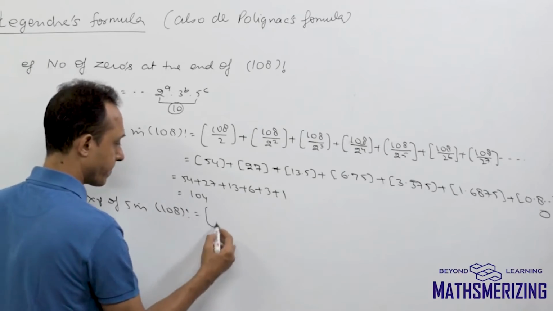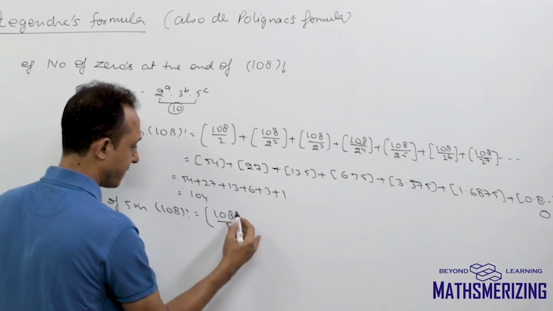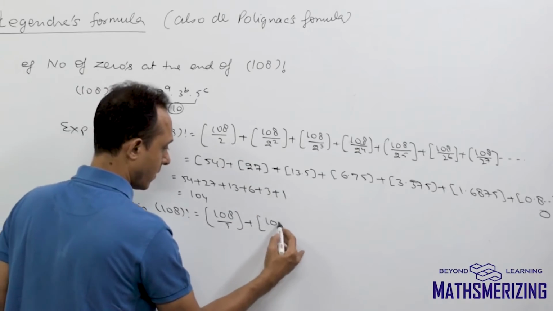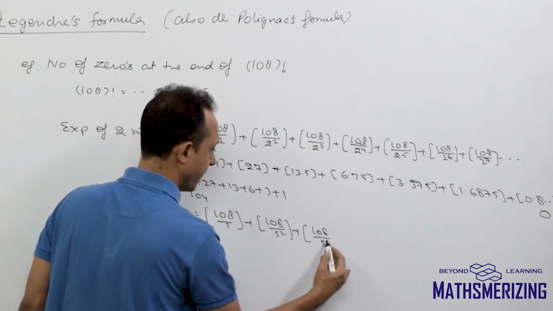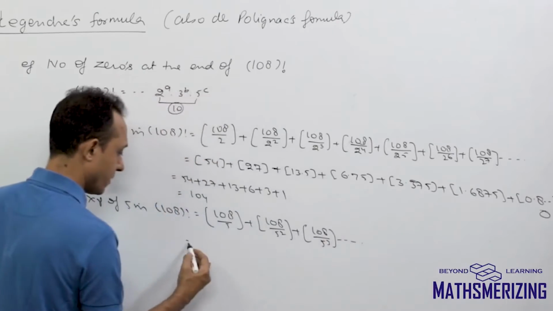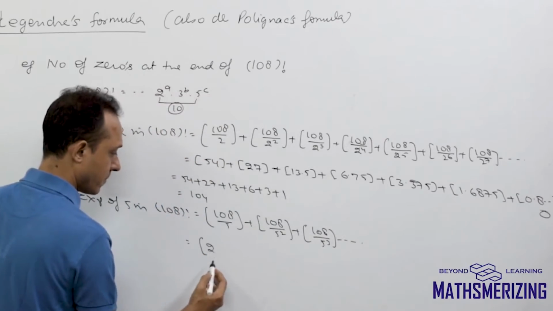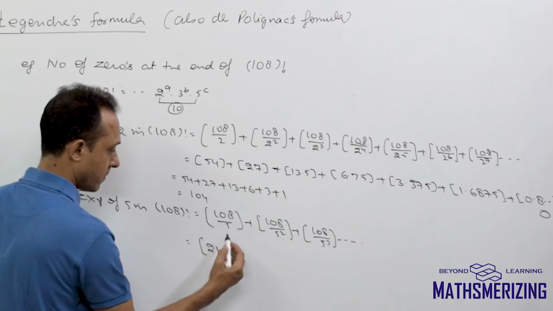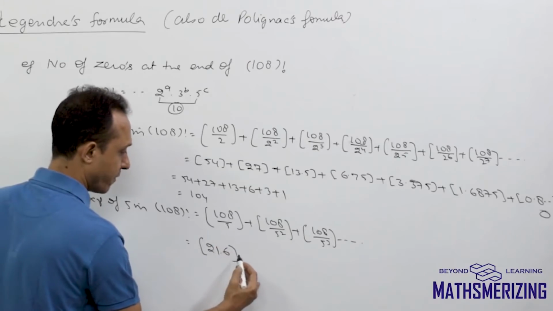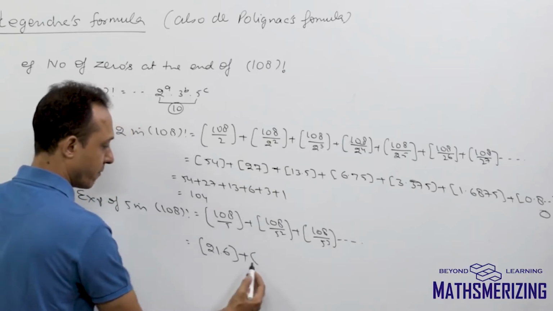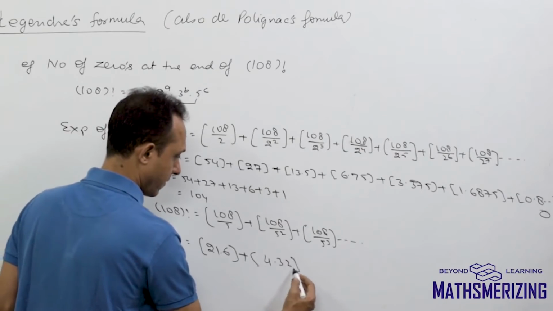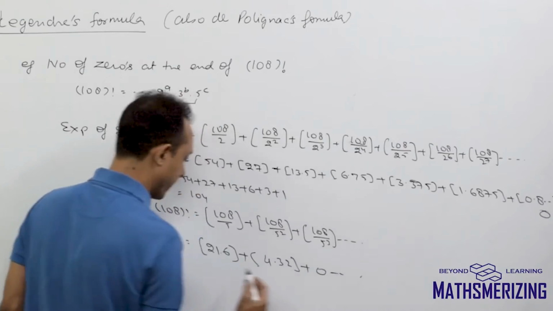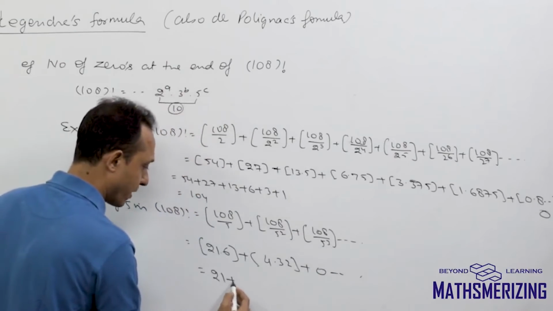So there'll be 108 by 5, 108 by 5 square and 108 by 5 cube. So there'll be 21.6 and then 21.6 divided by 5 is 4.32, and then all the values will be 0. So there'll be 21 plus 4.